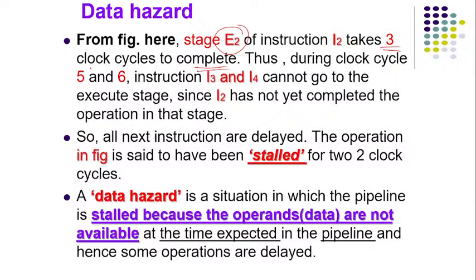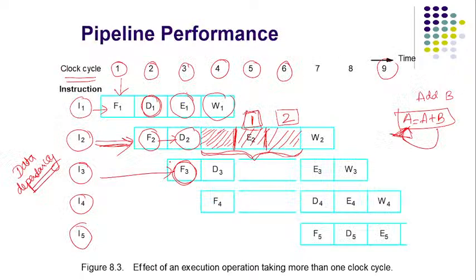Thus during clock cycles 5 and 6, the instructions I3 and I4 cannot go to the execution stage. They cannot do anything now because the execution unit is busy, so there will be a delay for the I3 and I4 instructions.